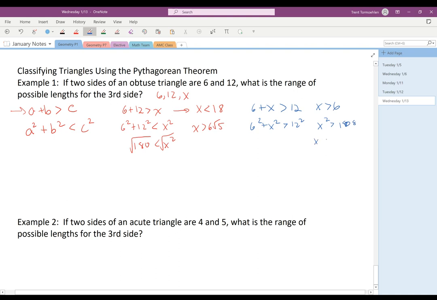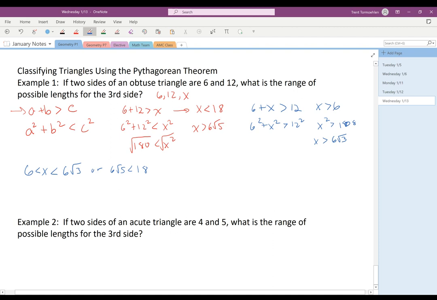And so that means x is less than 6 root 3. So in doing this, we now realize that the correct answer to this problem is that the third side has to be either between 6 and 6 root 3 or between 6 root 5 and 18.